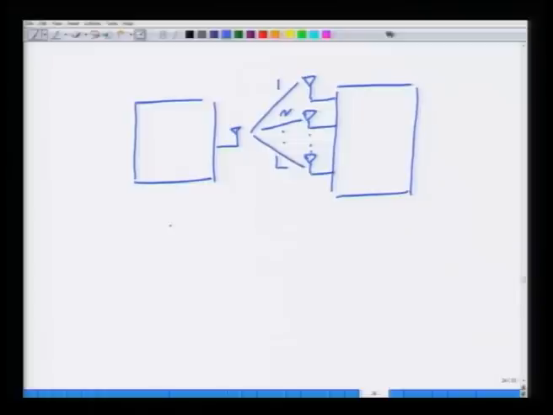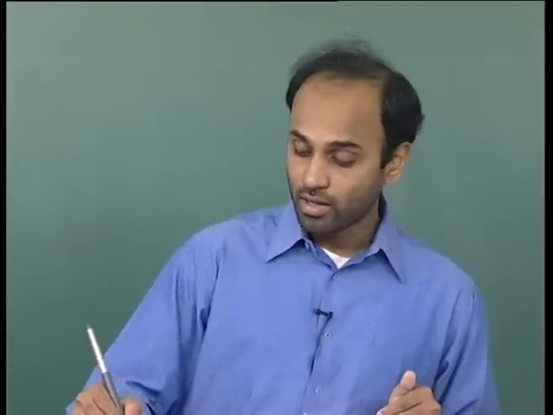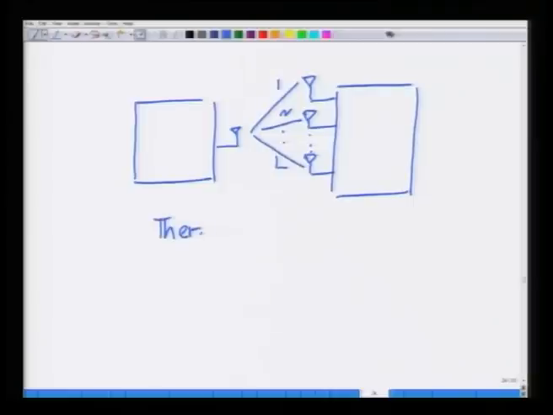Between the transmit antenna and the first receive antenna is link 1, between the transmit antenna and the second receive antenna is link 2, so on and so forth. Between the transmit antenna and the Lth receive antenna is the Lth link. So, with L receive antennas there are L links.